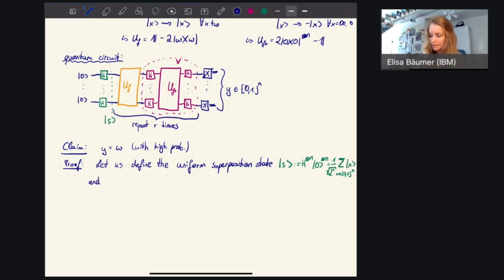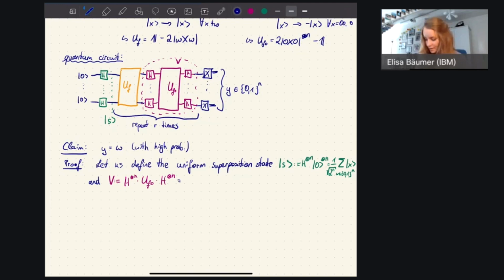And then we also want to define V, which I just illustrated here in purple, which equals Hadamard gates times the unitary UF0 times Hadamard gates again.